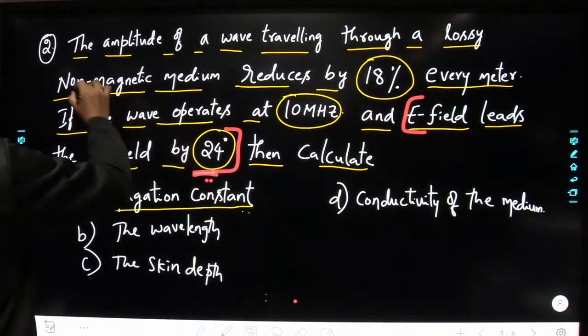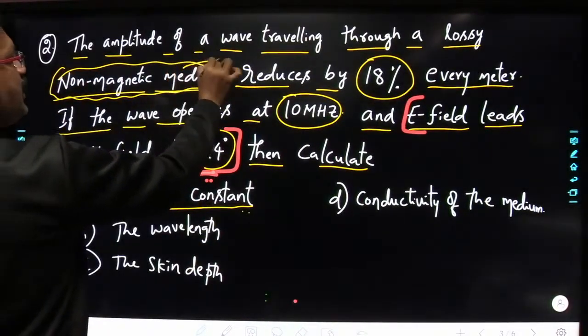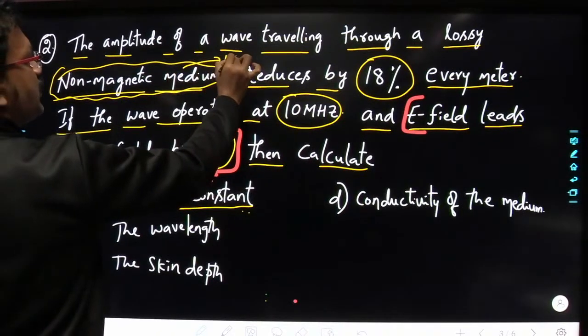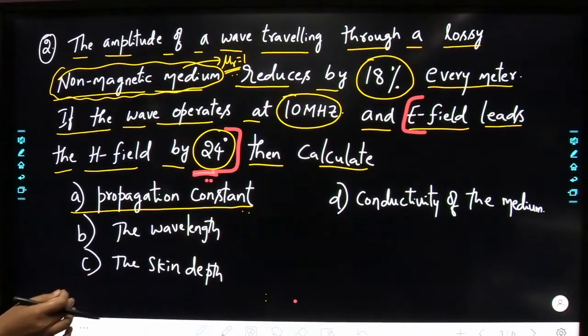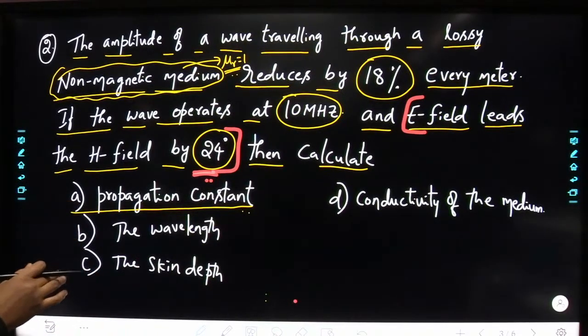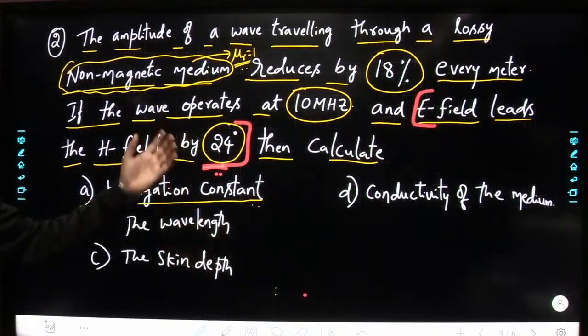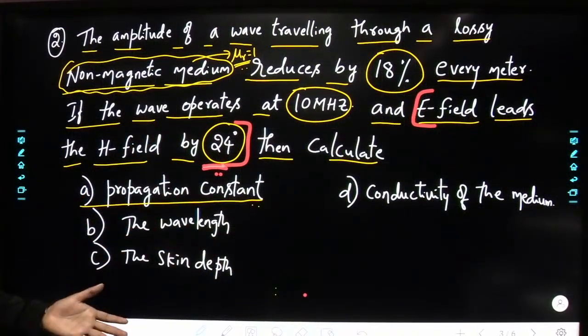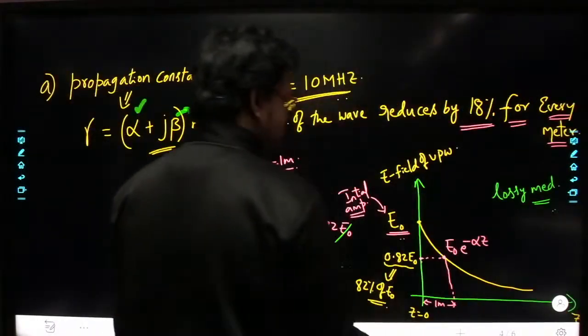Here they have given a non-magnetic medium. Non-magnetic medium means the relative permeability mu r is equal to 1. They have not given anything about relative permittivity, so we will assume epsilon r is also equal to 1.